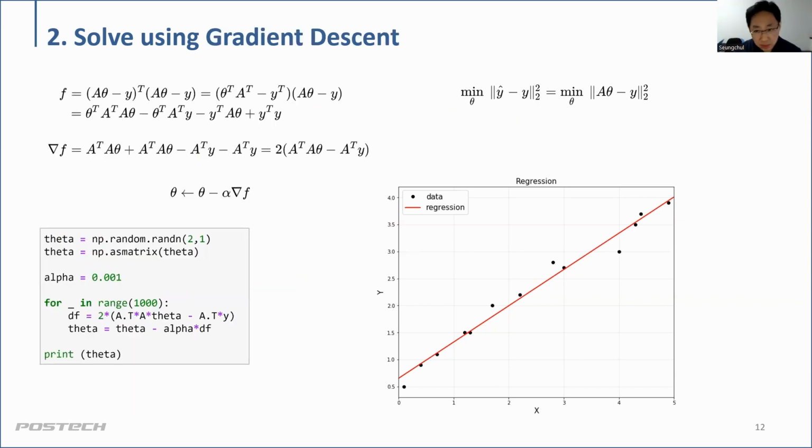And second, let's go back to the original problem that we have. The second way is that it's a convex problem, so we can use iterative ways, which is the only thing that I discussed in this lecture: gradient descent.